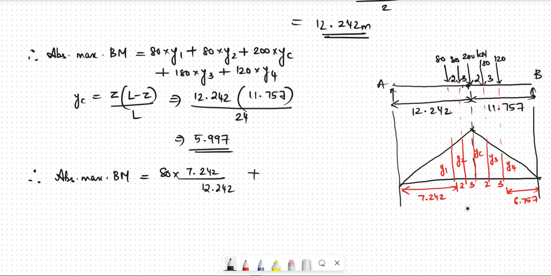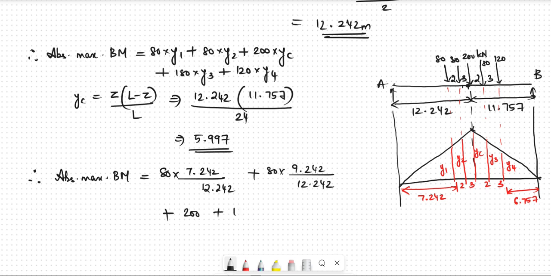So this plus 80 into y2. y2 is nothing but 9.242 divided by 12.242 plus 200 into yc, which is 5.997. I'm going to write that in the end, so I'm not going to write it here. We'll put a bracket and write plus 200.